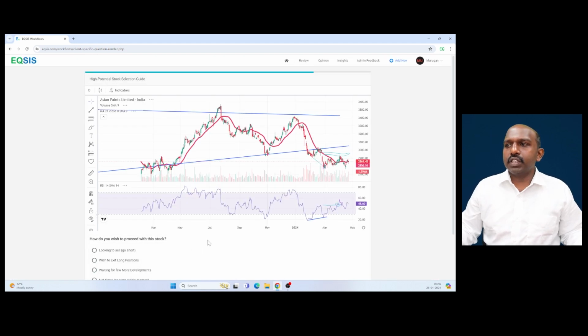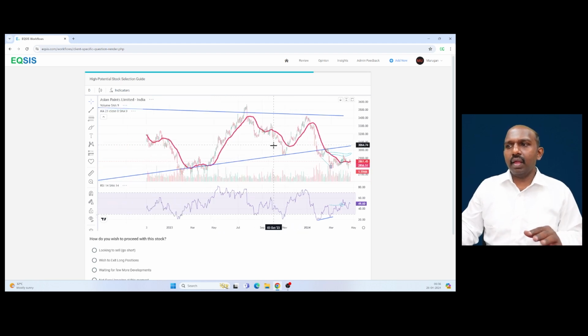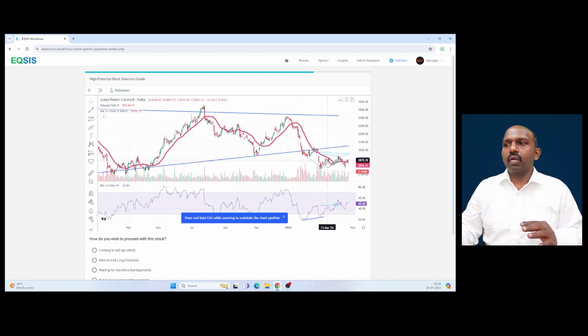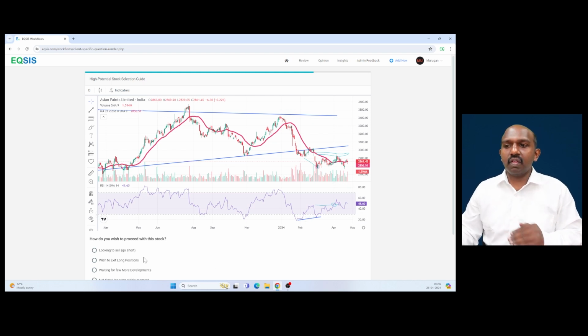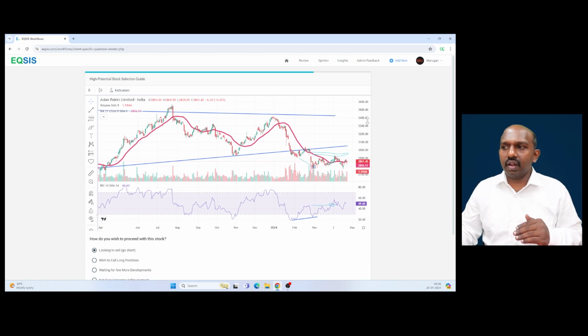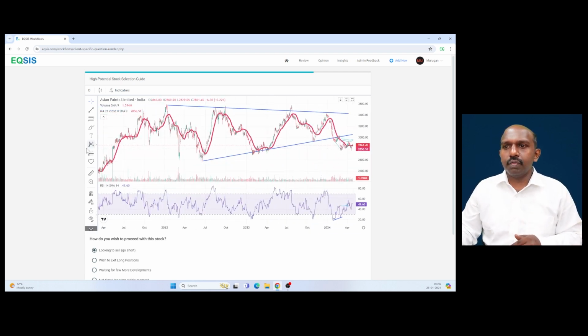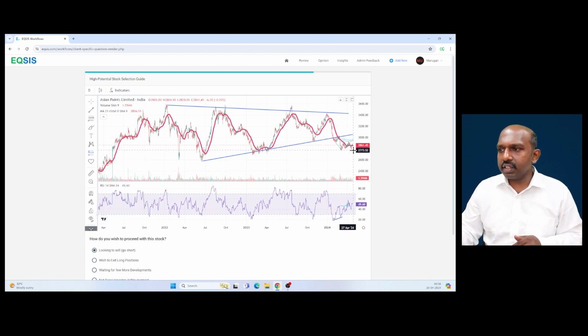So how do you wish to plot for the stock? Looking at the longer-term triangular negative breakdown, witnessing the gaps still sustaining, and seeing that RSI has failed to keep up its momentum, we are looking at the stock from a short position. But we can't short the stock right away at this moment. What we want to do here is place the short position well below this consolidation phase.